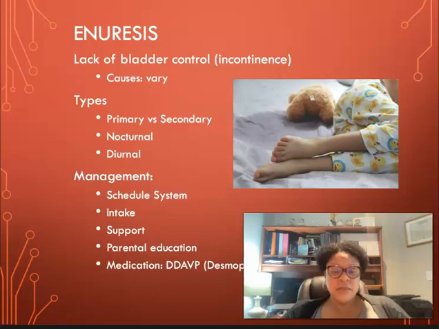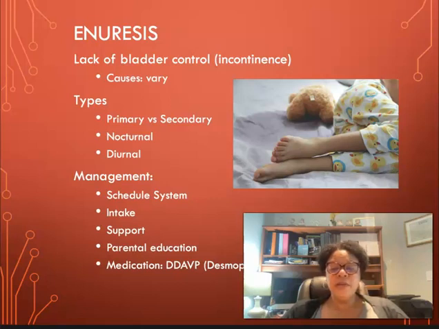Nocturnal, obviously, is specifically just for the nighttime. Diurnal means that it's happening day and night. Okay, so these are the types: primary versus secondary, and nocturnal versus diurnal, which is day and night.